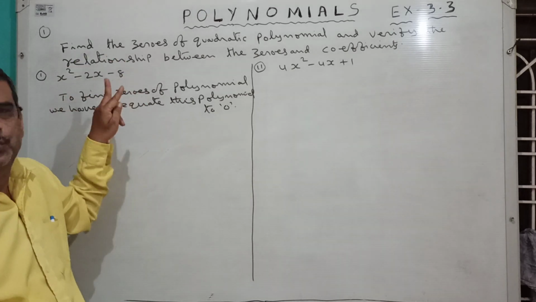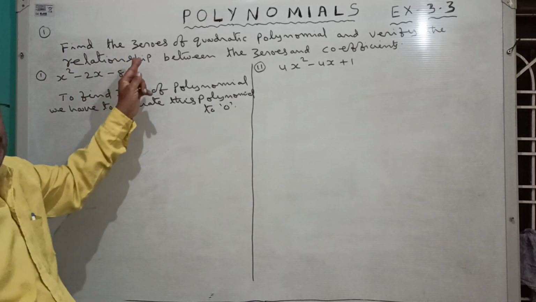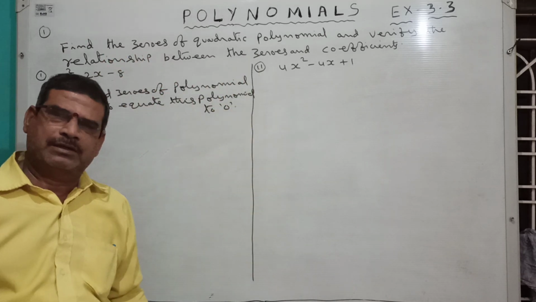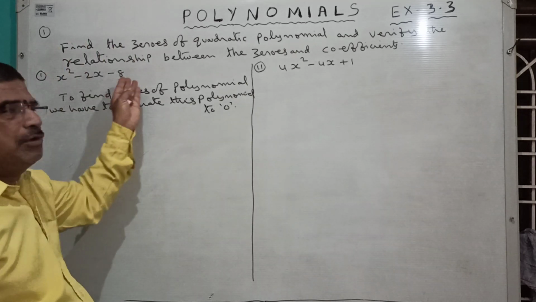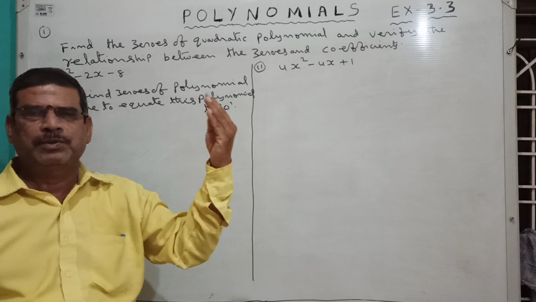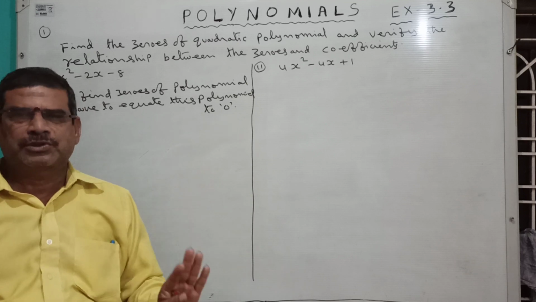If I substitute 2 and this value becomes 0, then 2 is a zero of the polynomial. If this value is not 0, then 2 is not a zero of the polynomial. So you have to observe this point.